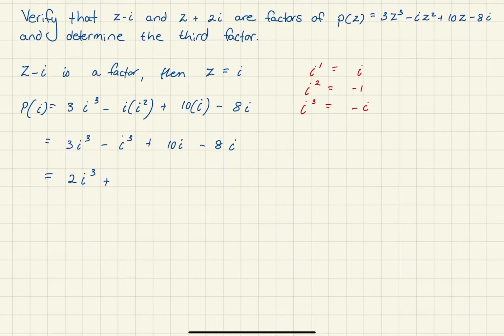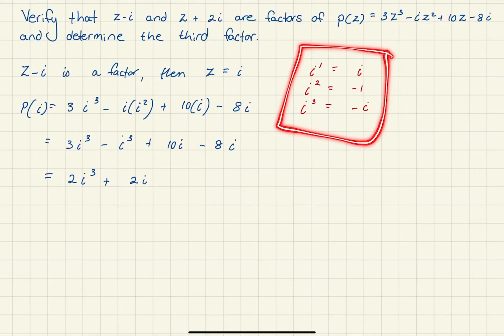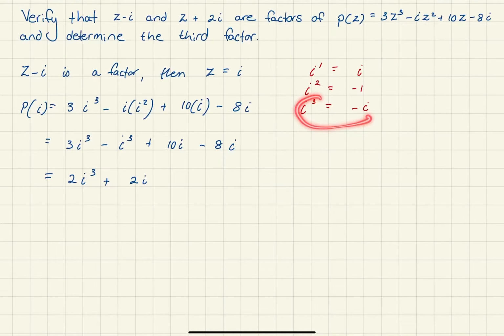See here, that simplifies to be 2i. Okay, but here's where I get stuck. This is not equal to 0 at this point, but now it's a little bit easier to see how this manipulation can help us. This i cubed can be converted to a -i.